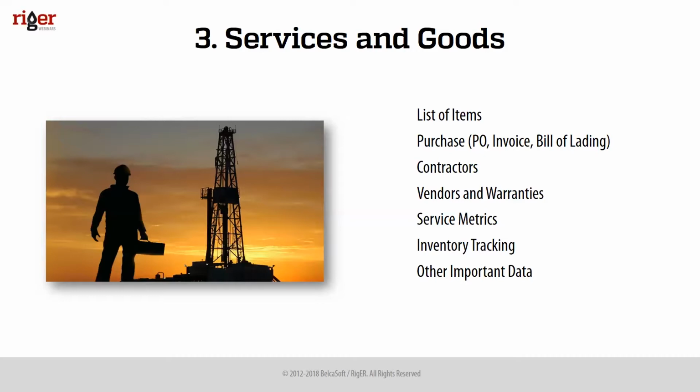It could be labor, operator, supervisor, towers, etc. Then we enter all the contractors, vendors, and warranties if we have any. Put in some service metrics: hours, mileage, days, etc. Understanding what we do as inventory tracking, as parts and materials which we use for services, and other important data can be used as well.